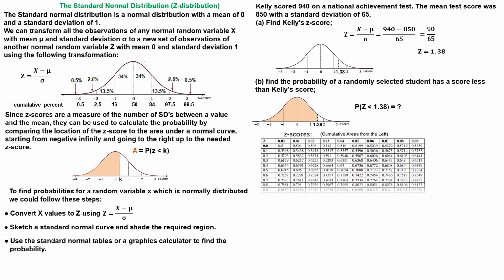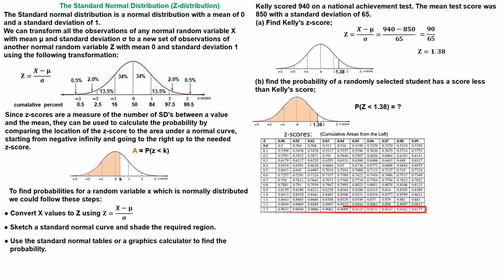To find the value associated with a given z-score, we find the first decimal of our z-score on the left, and then the second decimal of our z-score across the top of the table. Where they intersect, we will find the decimal expression for the percentage of values that are less than our sample.